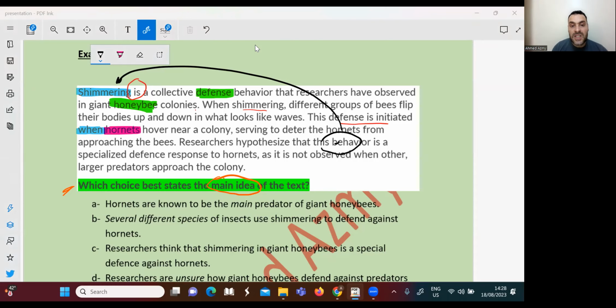Hypothesis, this is a noun. Shimmering, the noun. The adjectives, guys? No, Ziad, I don't want the answer, I want the adjective in the last sentence.